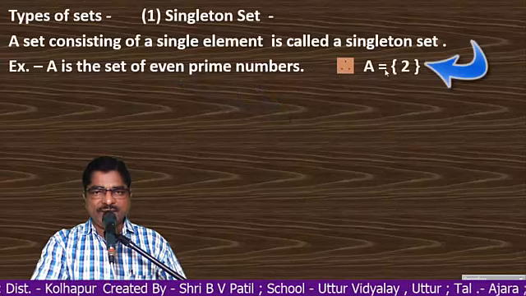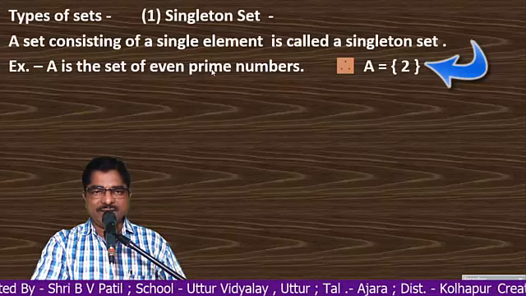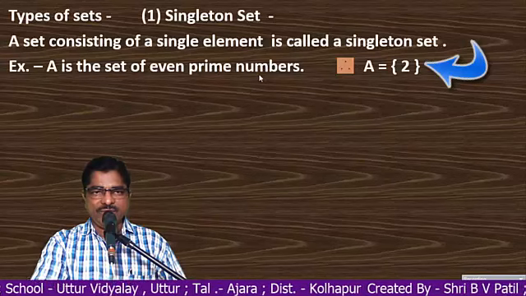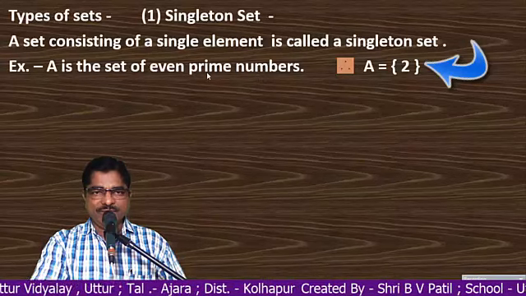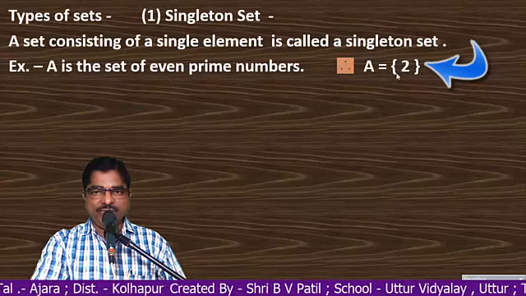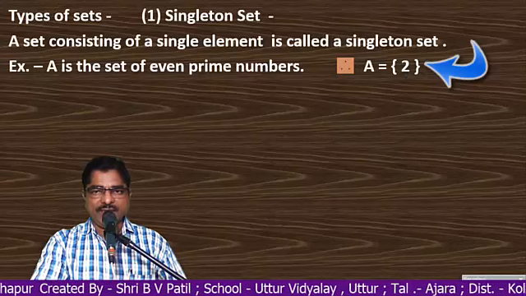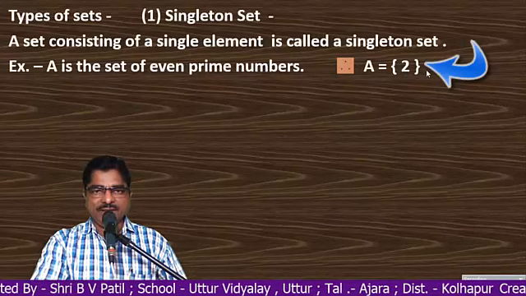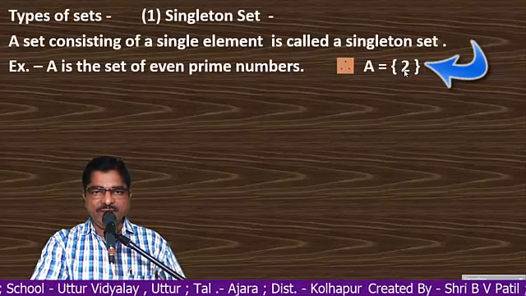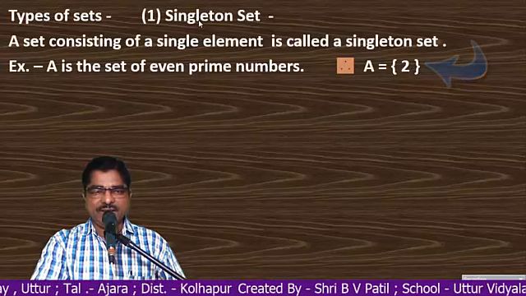Therefore, A is equal to prime numbers are infinite, but out of them even prime numbers, only one we get here, 2. And in this way, a set consisting of only one element is called a singleton set.